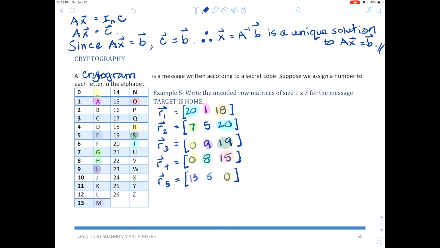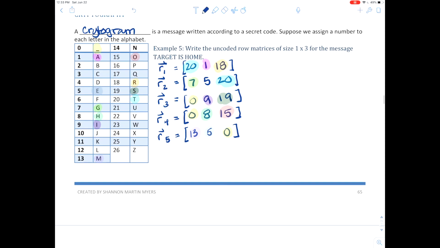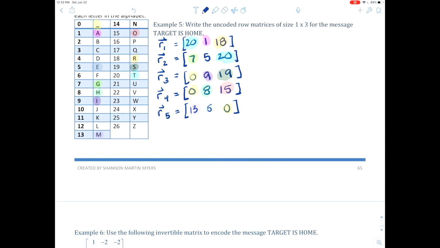Okay? Now what we do is this. We're going to use this information and the given matrix. It would just be any invertible matrix that you would use. The more secure you want your message to be, the larger the invertible matrix that you pick. So you could do a 6 by 6, right?